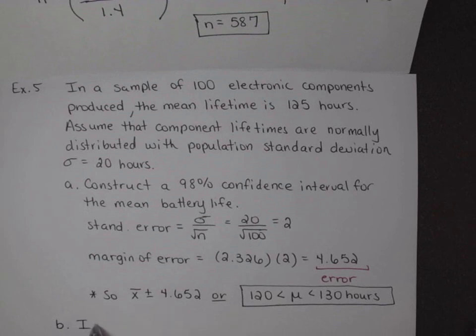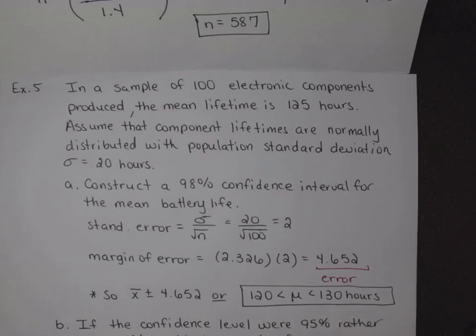All right, so without actually figuring this out, I want you to think about this. If the confidence level were 95% rather than 98%, would the margin of error be smaller or bigger?